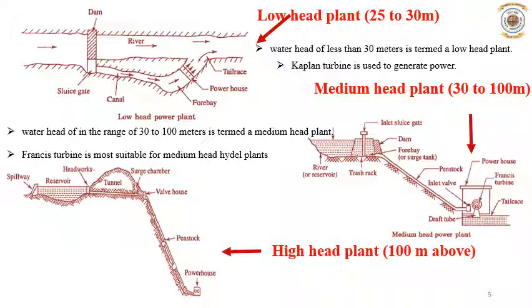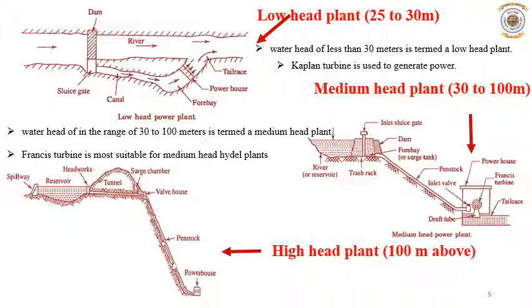You can see a penstock. Through the penstock water is taken and supplied to the powerhouse. Tunnel through the mountain has a surge chamber and regulating valves.